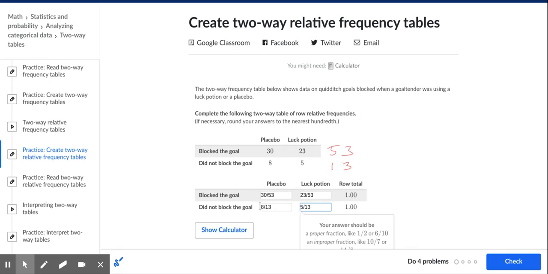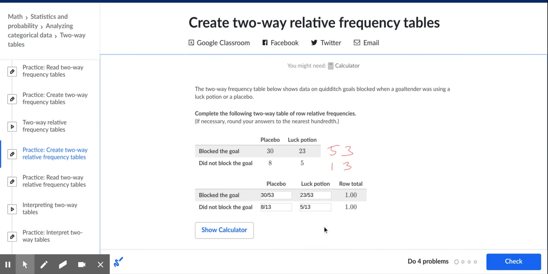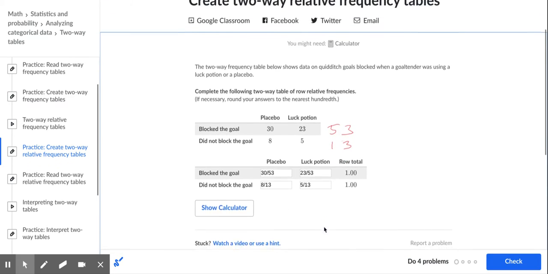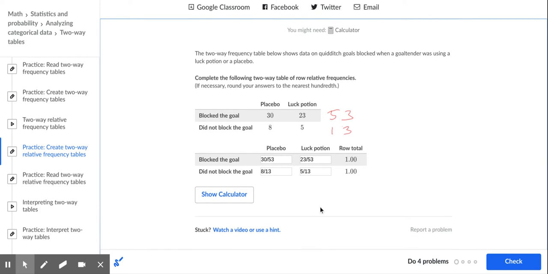So again, more not blocked goals by placebos than by luck potions, which is interesting. I think there was just more goals to the keepers that were placebo than the luck potion. So that's why it's showing up that way.